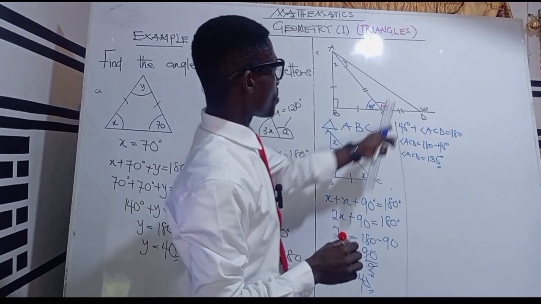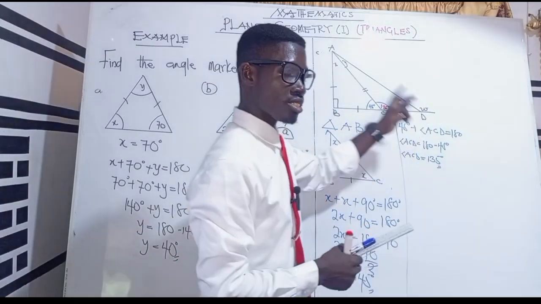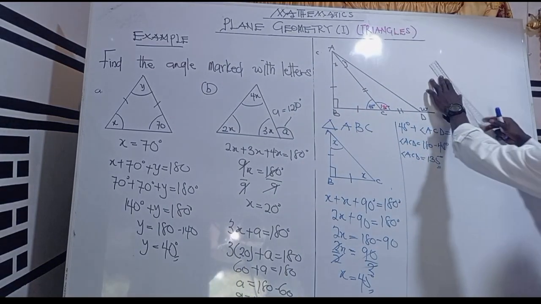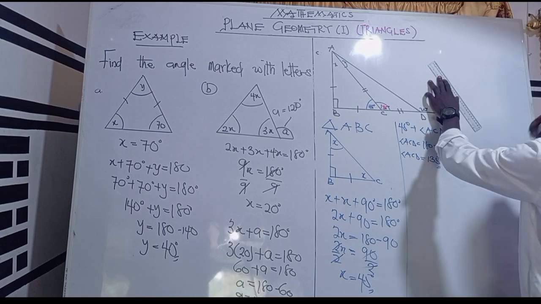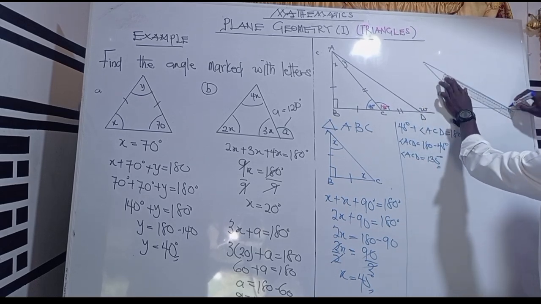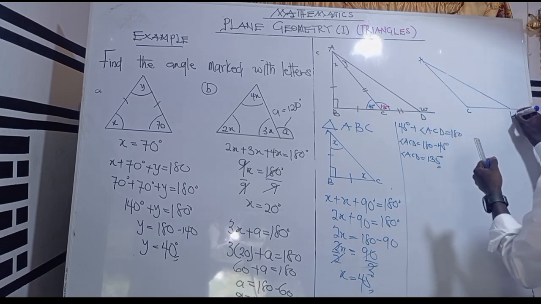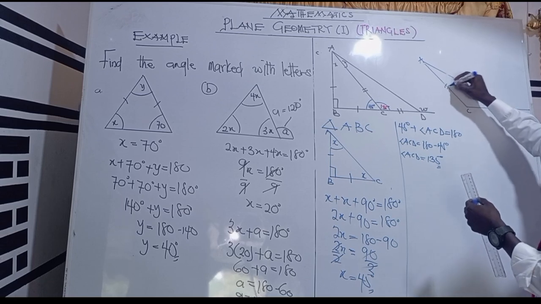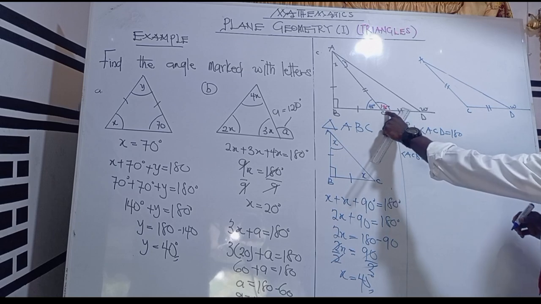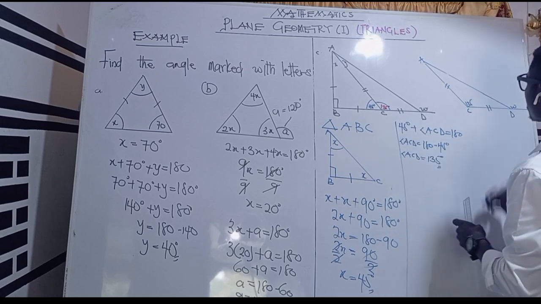Good. Now that we know this angle, let's consider triangle ACD. Triangle ACD. So let me draw it here for you to see it clearly. So we have A, C, D, we have this, that, and then we have W. But this angle is 135 degrees.